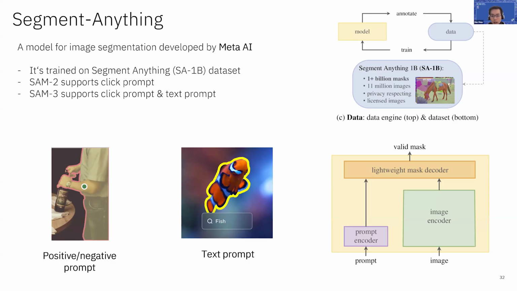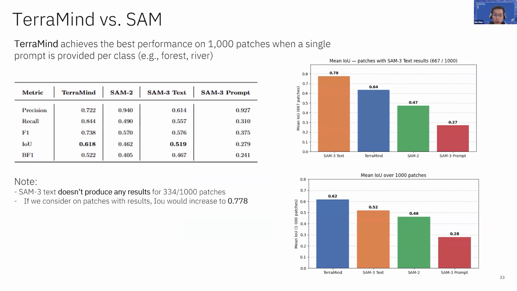If you look at the architecture of the model, it has a prompt encoder for the text and an image encoder for the image. Now I also ran the experiment on 1000 patches. And if you take a look at the plot on the top right, you can see that SAM3 text, where we just provide the text, performs the best.